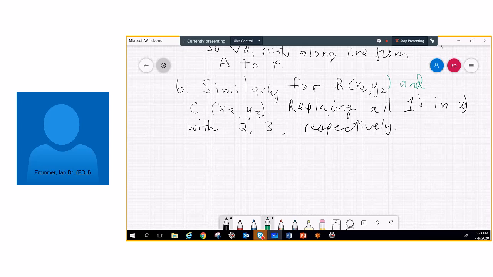So what you then find, you just want to make the analogous conclusions now about the gradient of D2.